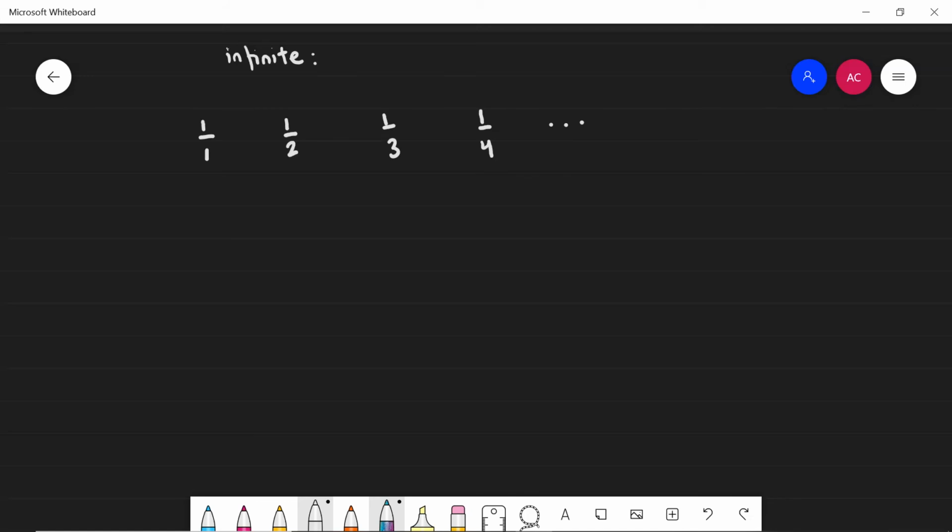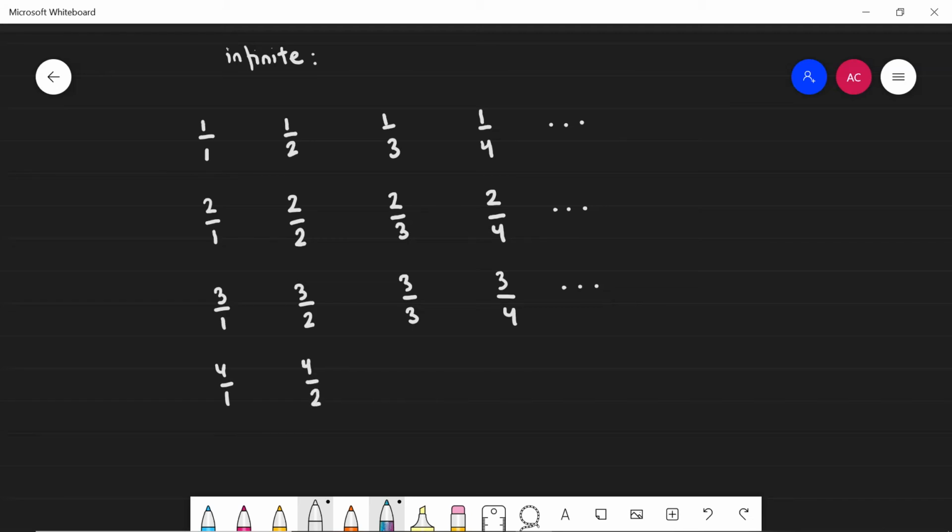And then in the second row, I'm going to put 2 over 1, and then 2 over 2, and then 2 over 3, and then 2 over 4, and I'll put my ellipses. Then in the third row, I'll put, you guessed it, 3 over 1, 3 over 2, 3 over 3, 3 over 4, and my ellipses. And then in the fourth row, I'll put 4 over 1, 4 over 2, 4 over 3, 4 over 4, and I put my ellipses.